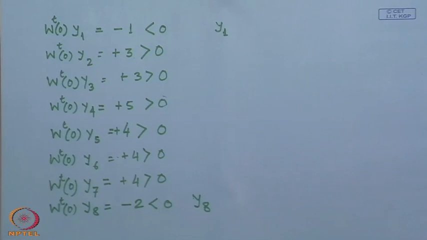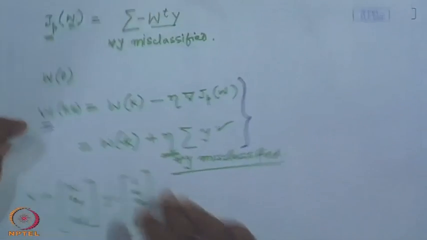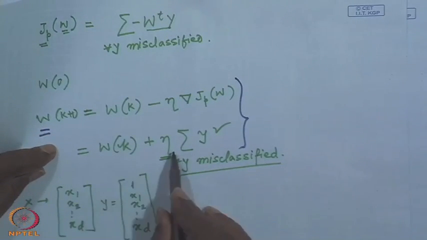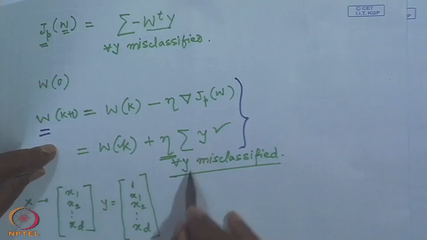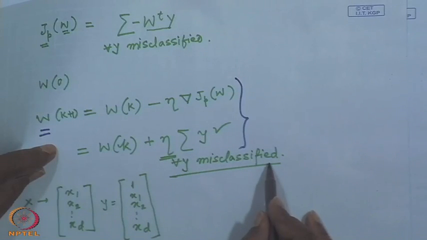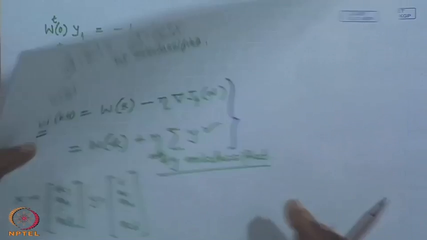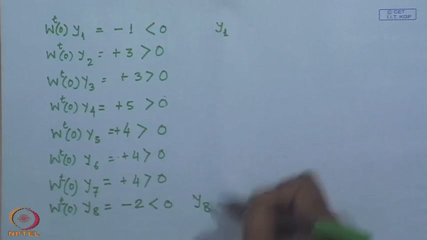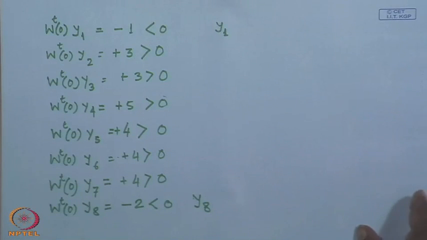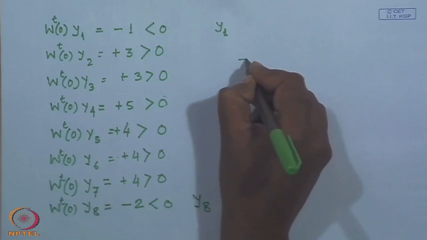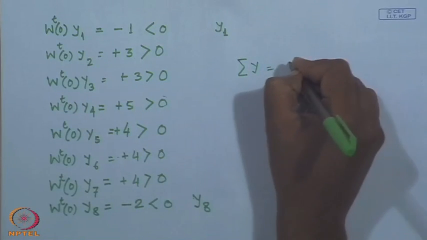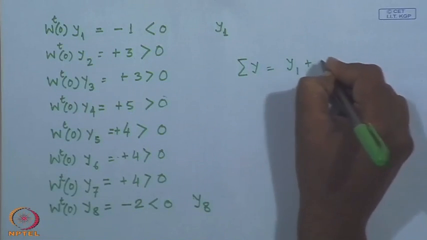Now, looking at this algorithm, you find that the weight updation algorithm is w k plus eta times the sum of y, where the y's are misclassified. Here it is y 1 and y 8 which are misclassified. So, the sum of y of the misclassified samples is nothing but y 1 plus y 8.